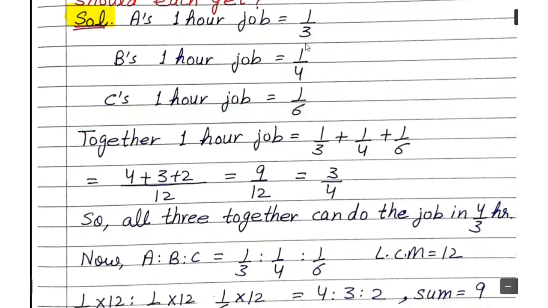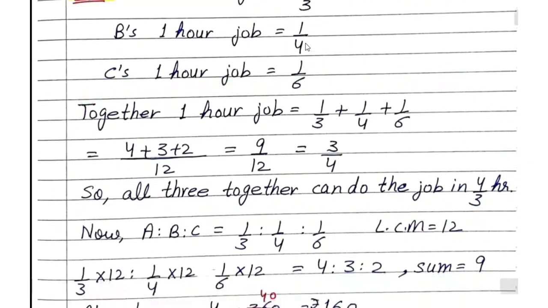Now, A ratio B ratio C is equal to 1 by 3, 1 by 4 and 1 by 6. LCM was 12. So we have to find individually now. 1 upon 3 into 12, 1 upon 4 into 12, 1 upon 6 into 12. So the ratio is 4 ratio 3 ratio 2.